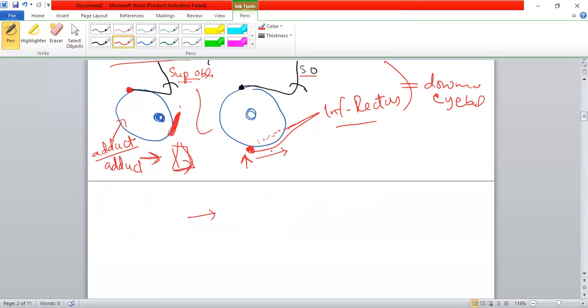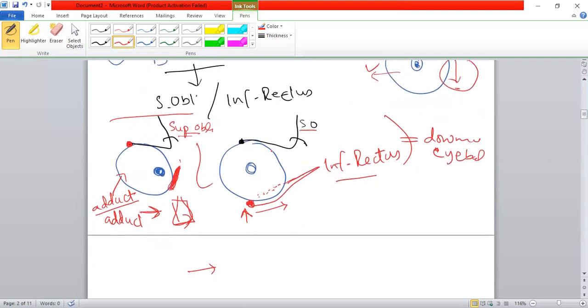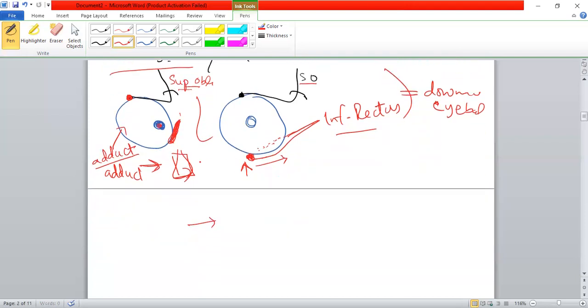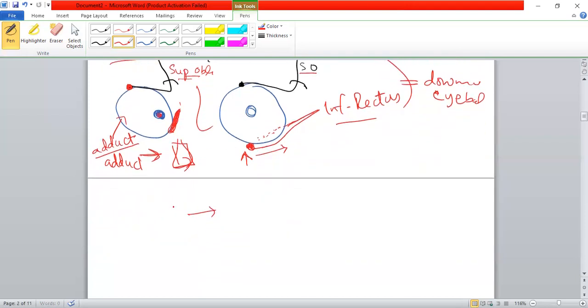So mostly you have to focus on this portion. Whenever the patient looks at the normal position or adducts his eyeball, then you can see that there is a superior oblique abnormality. Now, how can I look at the abnormality?